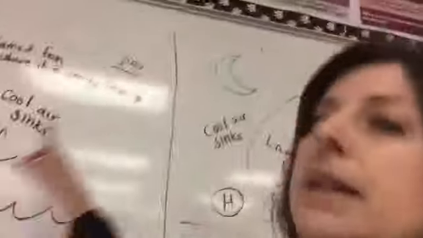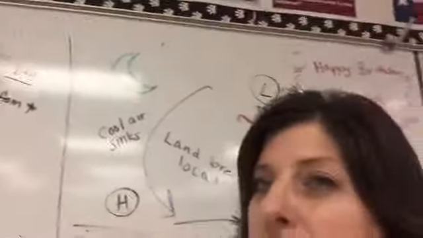Okay, so on the board, I think I might have explained this to you before. We have a land breeze and a sea breeze. On the sea breeze, we learned that when the sun is shining, in the lab that you did with me last week, the land heats up faster.